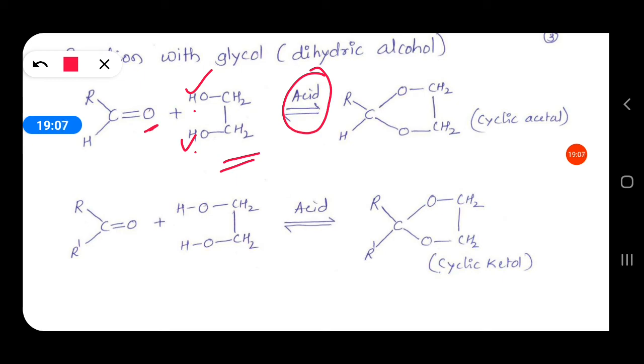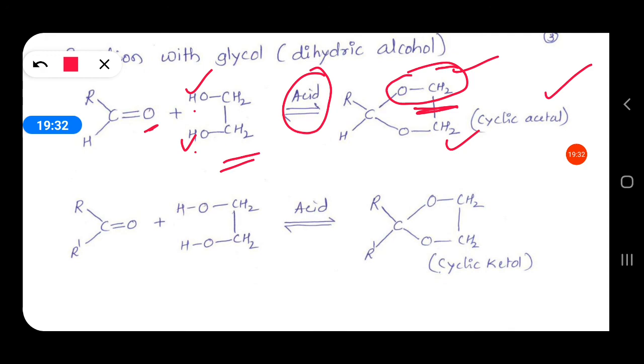This is called a cyclic acetal. In the acetal, between the two alkyl groups there is no bond; they are two separate alkoxy groups. But here it is a dihydric alcohol, so it gives a cyclic acetal.